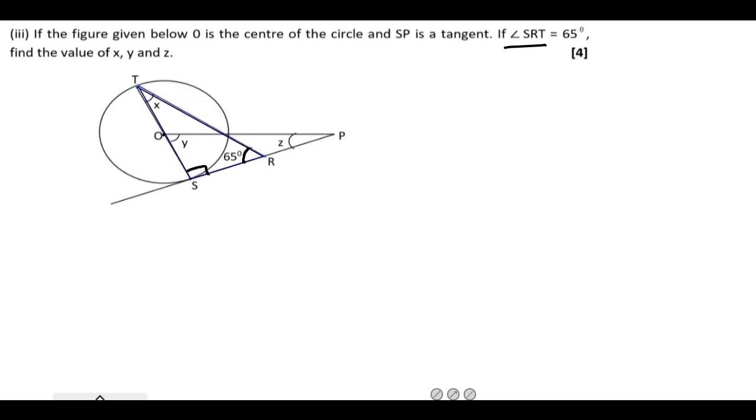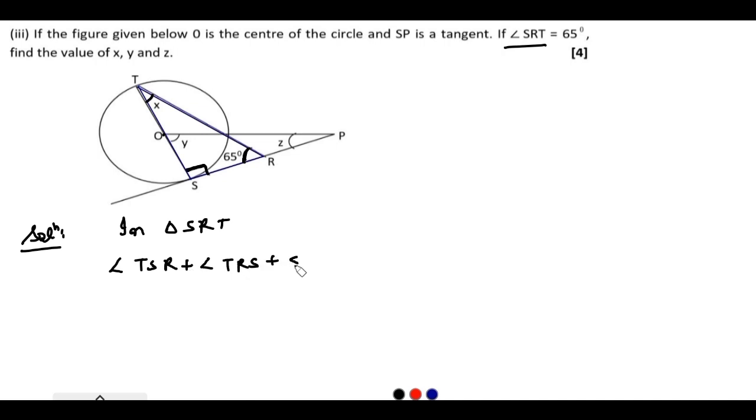Sum of all the angles will be 180 degrees. It means 90 plus 65 plus x will be equal to 180 degrees. So we can find x from this relation. चलिए पहले इसको शो कर देते हैं, फिर आगे बढ़ेंगे. In triangle SRT, angle TSR plus angle TRS plus angle STR is equal to 180 degrees, since the sum of angles of a triangle is 180 degrees.